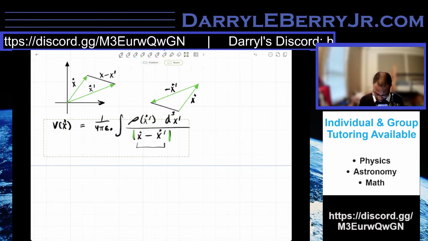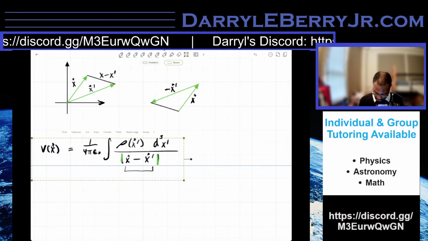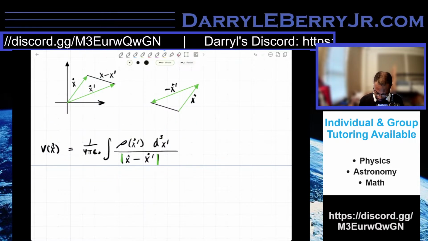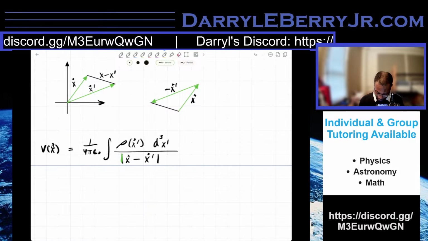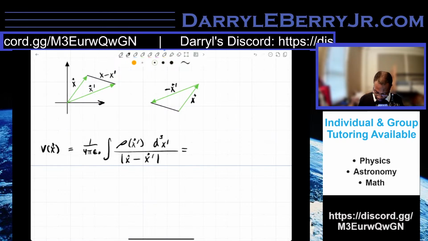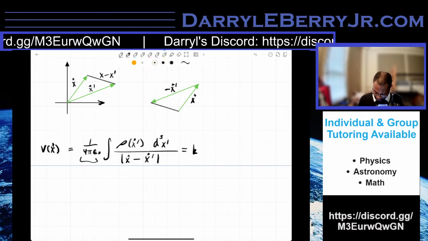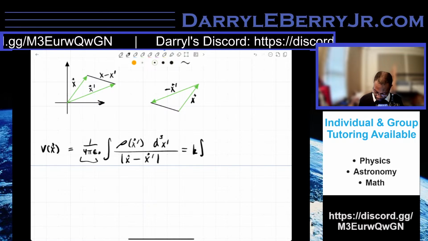Saying that this equals, and this is K, so I'll just call it K. The book always wants to break it into parts.